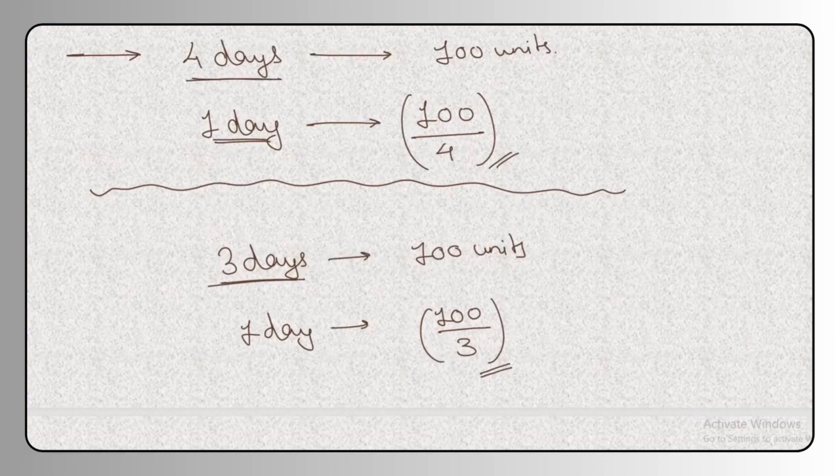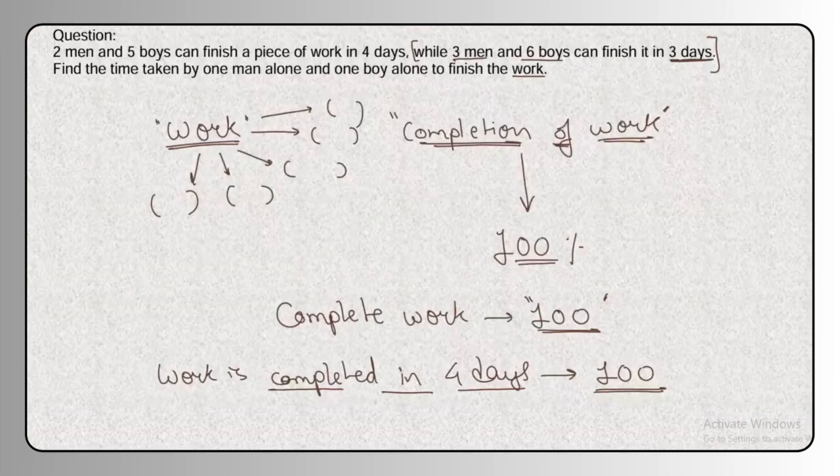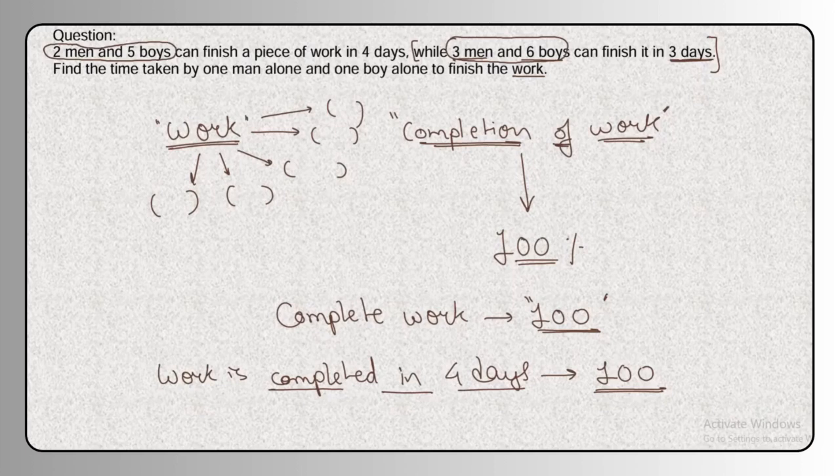Well, that magic lies in this fact that the amount of people contributing to work are different. Here, 3 men and 6 boys are contributing to the work. Here, 2 men and 5 boys are contributing to complete the work. So, somewhere the lack of manpower is what is increasing the number of days, right? Okay, fine. So this is all hopefully making sense.